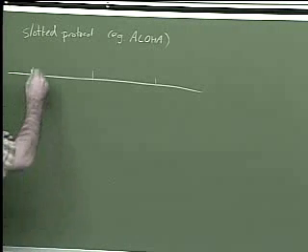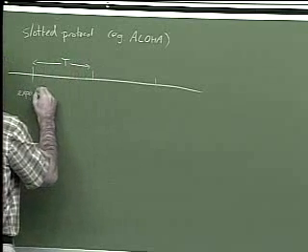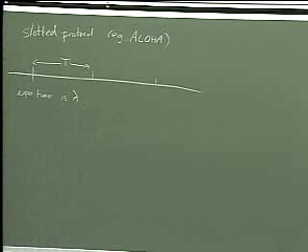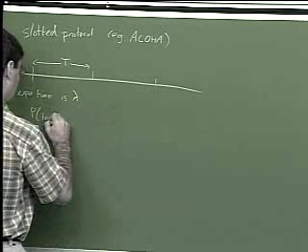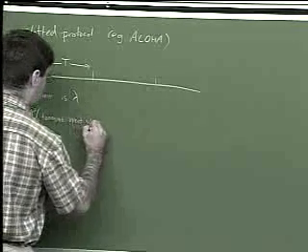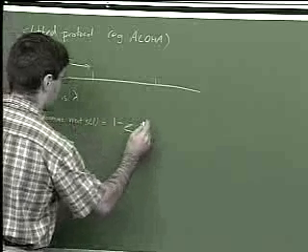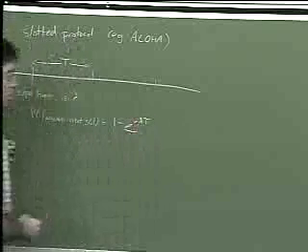And if the slot length is t, and the exponential timer is lambda, then the probability of transmitting in the next slot is 1 minus e to the minus lambda t, right?